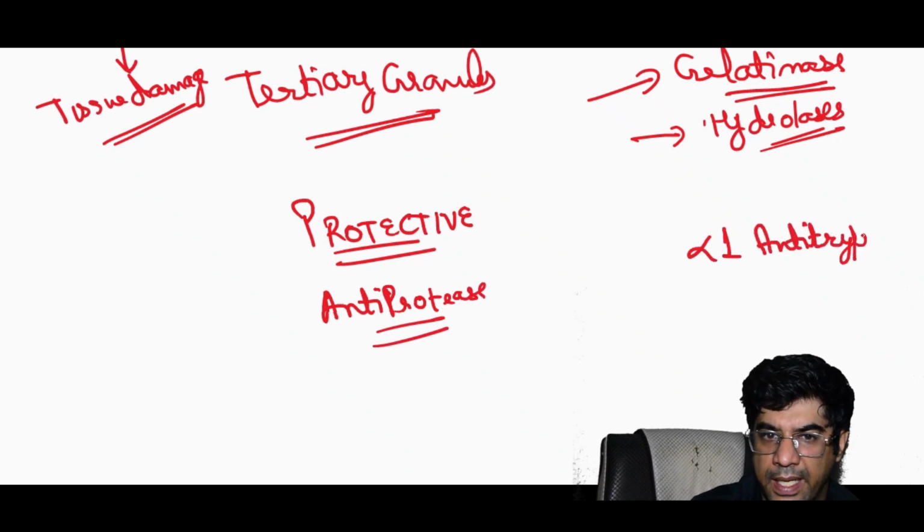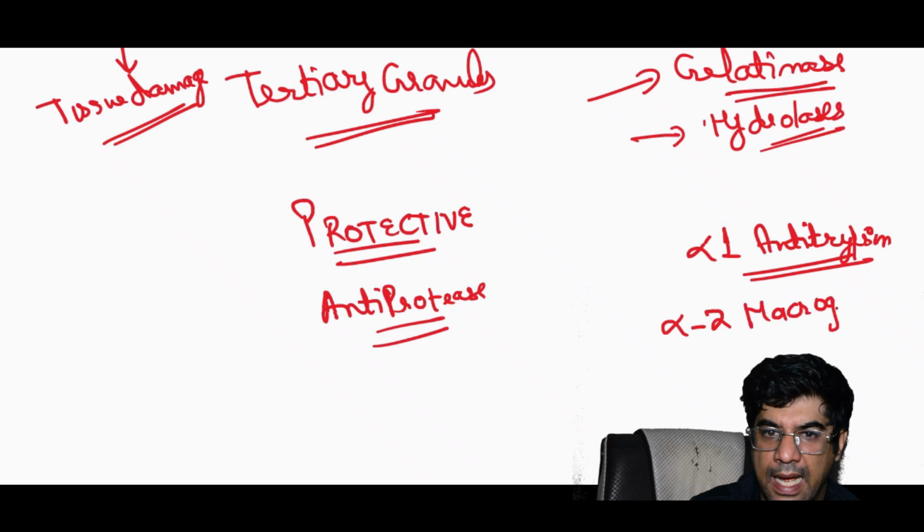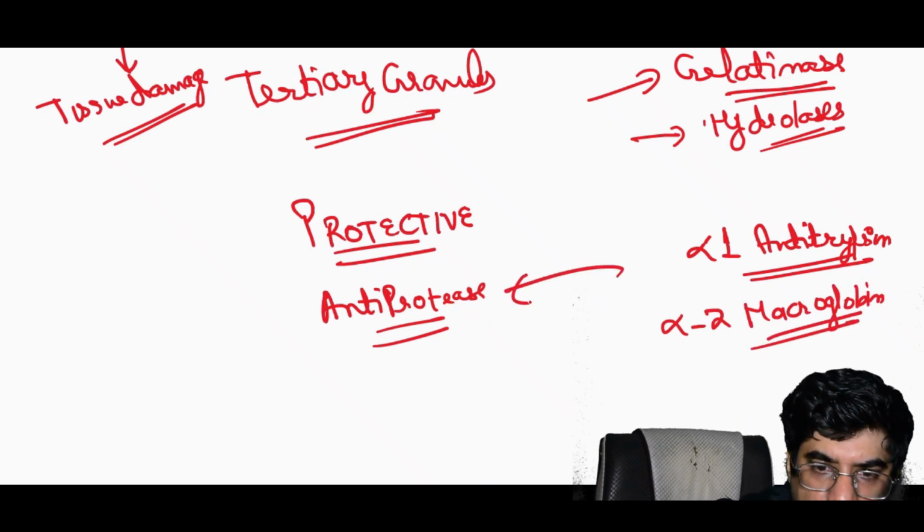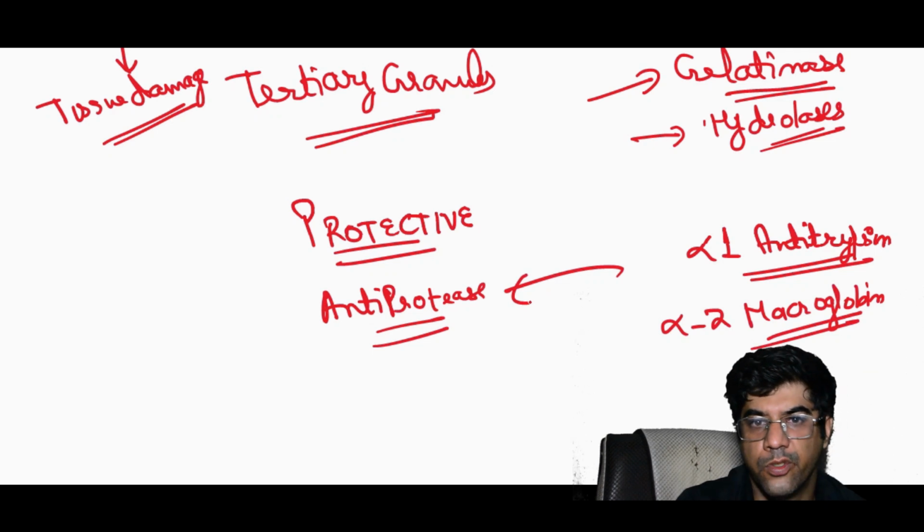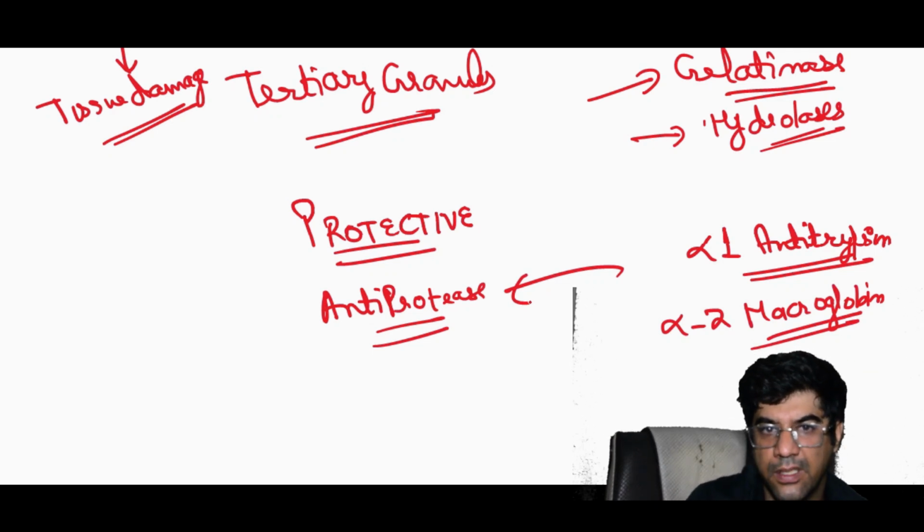They will inhibit the protease activity, alpha 2 macroglobulin. Again, they will inactivate the proteases. So monocytes and macrophages in the chronic inflammation also release inflammatory mediators like the acid proteases, collagenase, elastase.